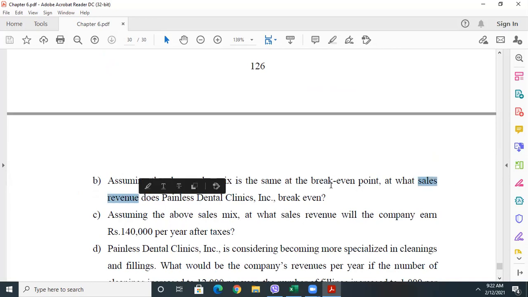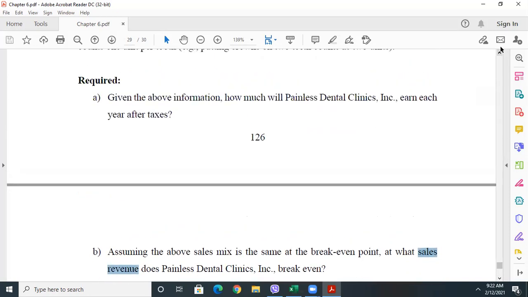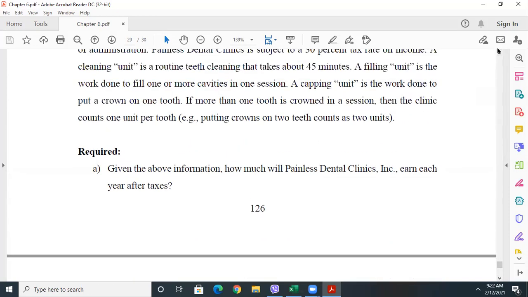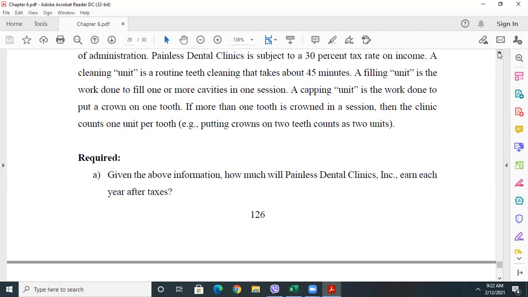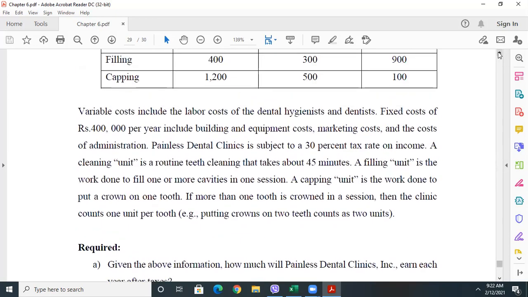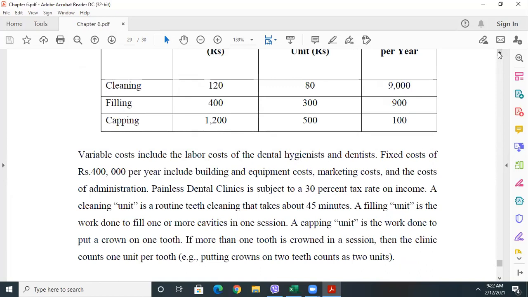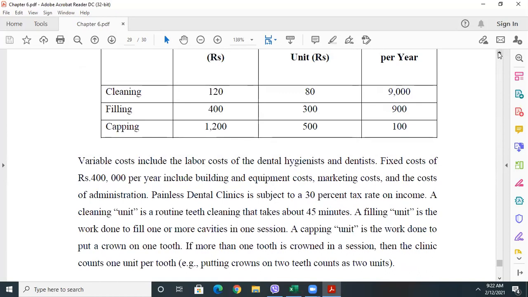Not in terms of units, but in terms of sales revenue. Okay, let's look at the first question first. The first one is a very easy one. You may try that out. What is the after-tax profit? And thereafter, we'll move to the next one. Okay. Right, give it a try.